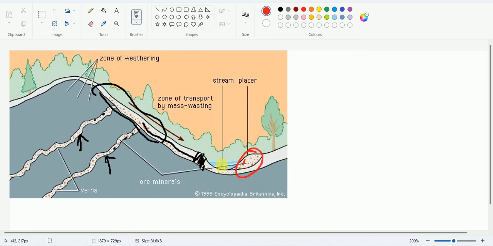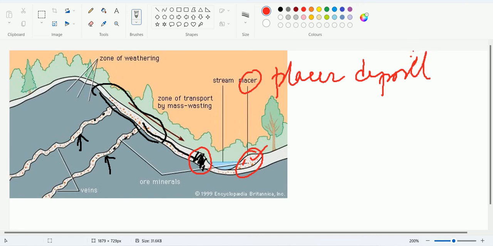And these deposits, sand and rock fragments mixed with minerals, are known as placer deposits.